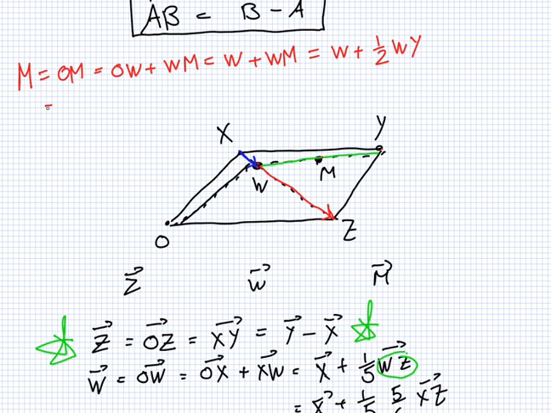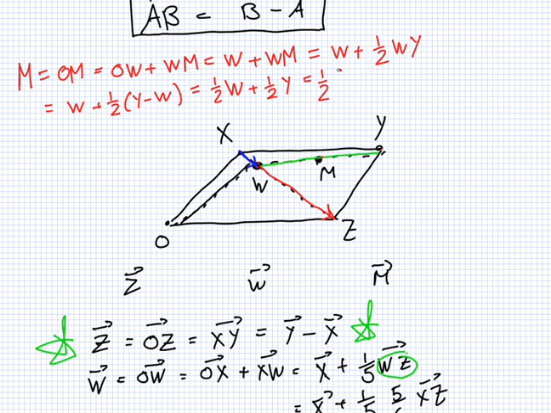This equals, on the next line here, W plus a half of Y minus W. So this is a half W plus a half Y. But you have a formula for W from the last question.